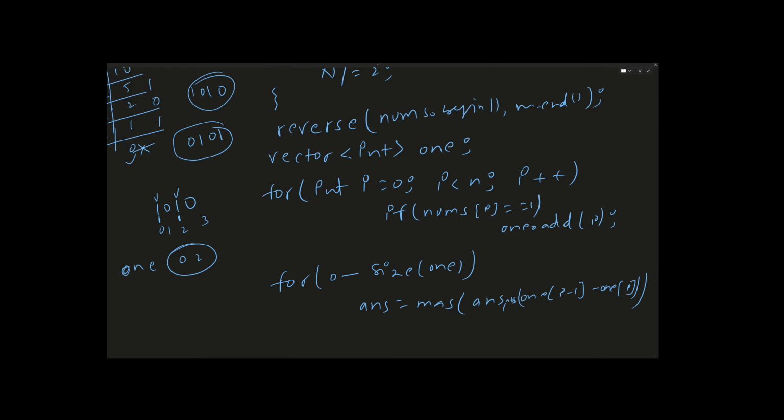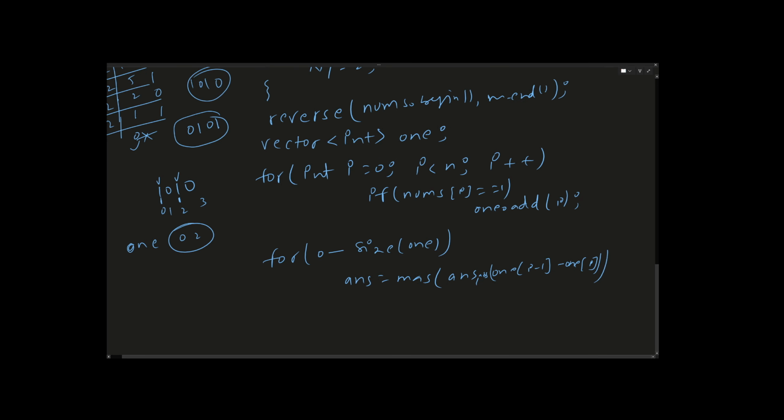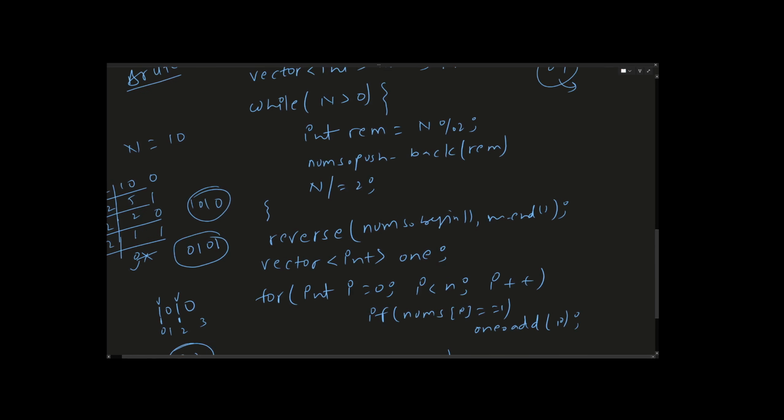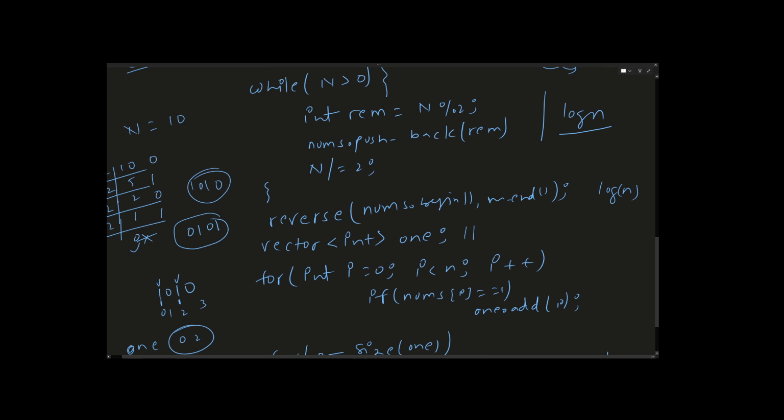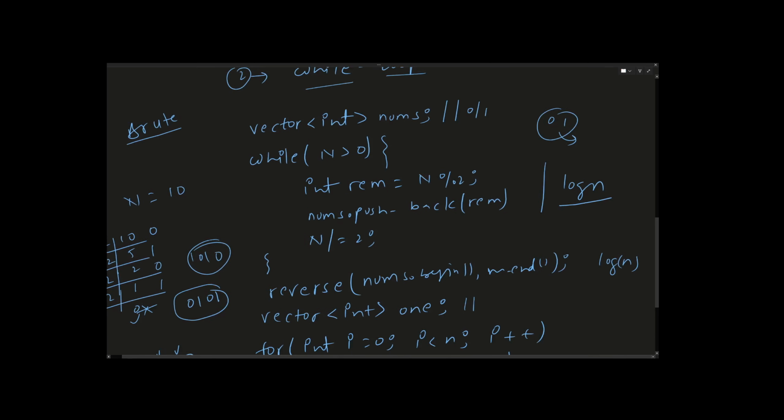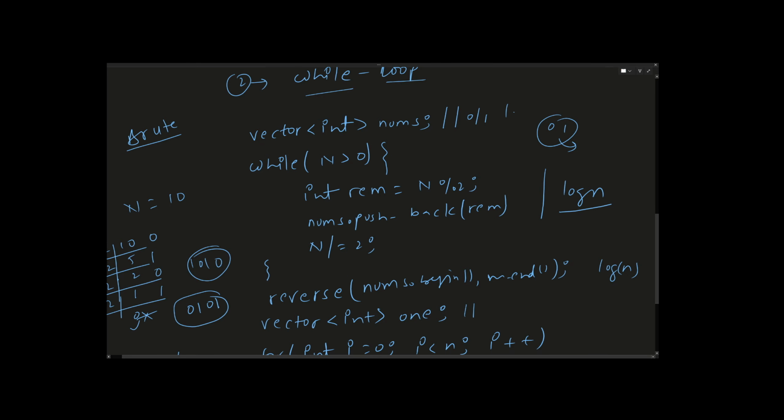Okay, so if you see, this will take lots of space and time complexity. For these things it will take log n time complexity. It will take log n for reversing the nums, and it will take again log of n space complexity.